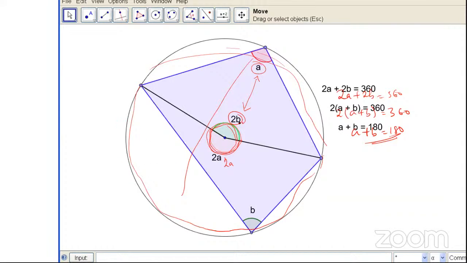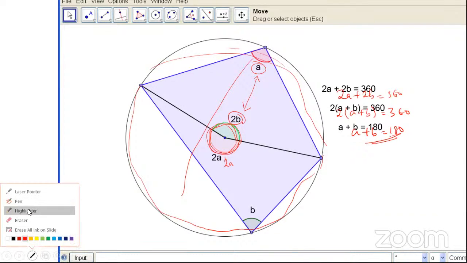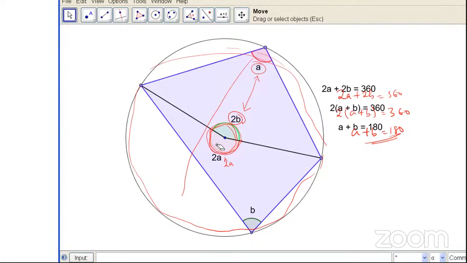So let me just erase my own. Okay, so that's the solution to that particular one. Let me quickly clean.